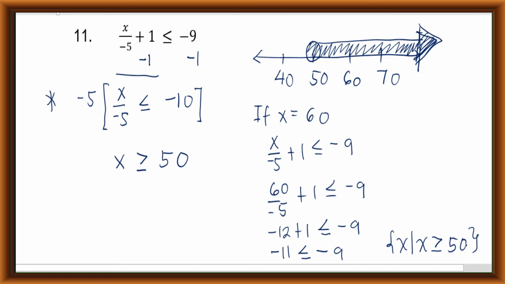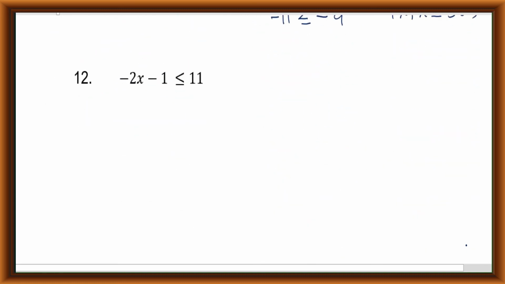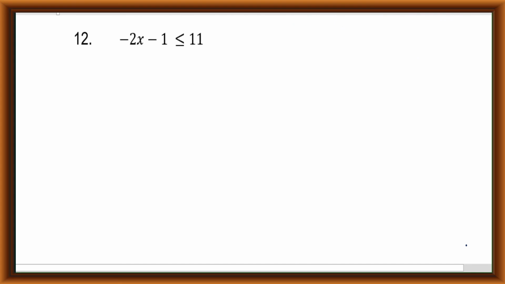Okay, and for our last item is negative 2x minus 1 is less than or equal to 11. So again, if I add 1 to both sides of the inequality, I have negative 2x is less than or equal to 11 plus 1.